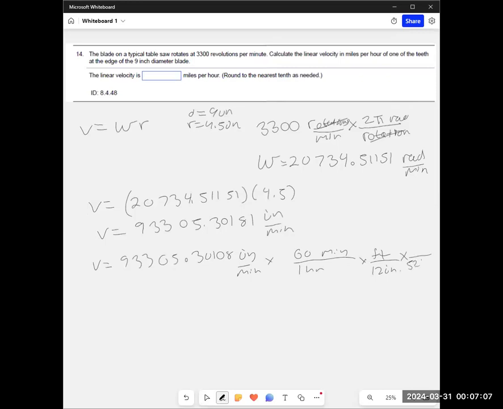There's 5,280 feet in 1 mile. So feet will cancel with feet, inches with inches, minutes with minutes, and we'll be left with miles per hour when we're done. Let's go ahead now and take this number times 60, and then divide that by 12, and then divide that by 5,280.